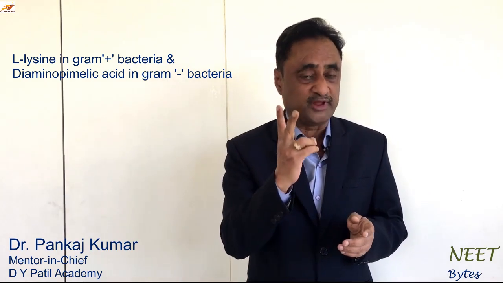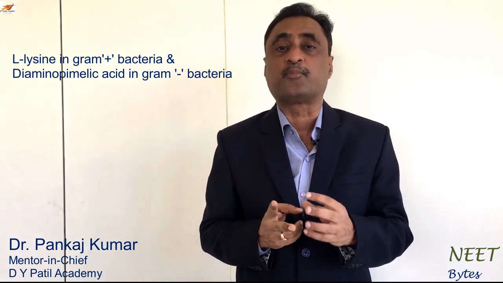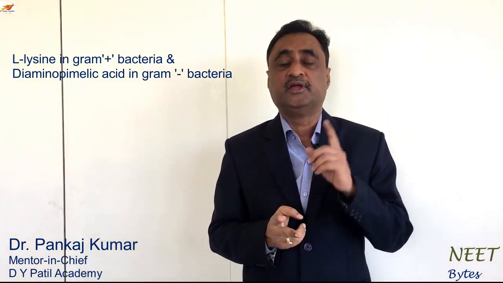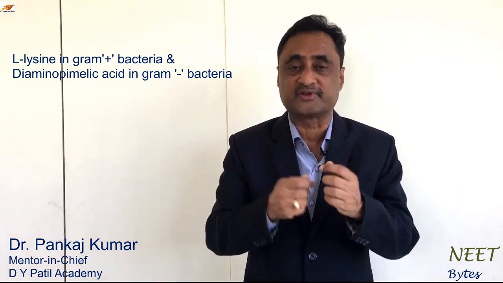So please remember these two names. It is often asked in NEET which of the amino acids is found in gram-positive and gram-negative bacteria, right? In case of gram-positive, what we see is the presence of L-lysine. In case of gram-negative, there is a presence of diaminopimelic acid. So these are the only two names which at present I want to share with you.